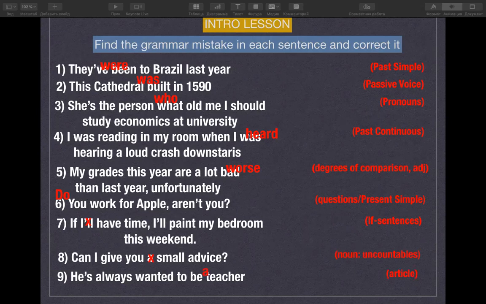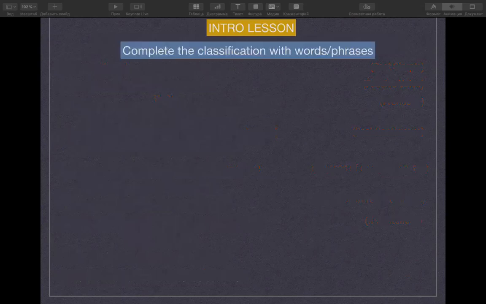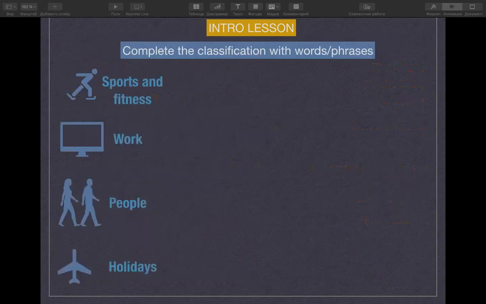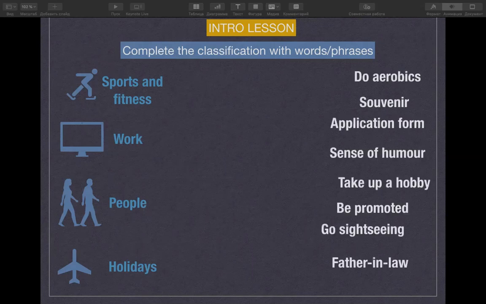Перед профессией мы всегда употребляем article. Okay, let's go further. IntroLesson and complete the classification with words or phrases. And here we have 4 categories: sports and fitness, work, people, and holidays. And we have some phrases and words like do aerobics, souvenir, application form, sense of humor, take up a hobby, be promoted, go sightseeing, and father-in-law.